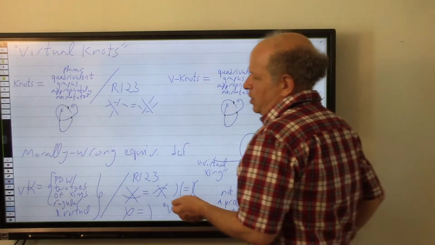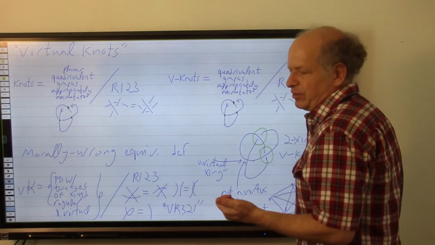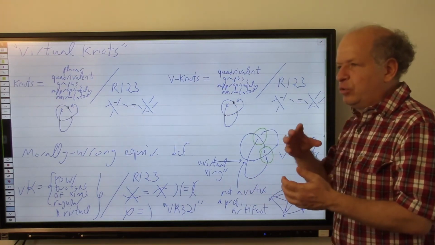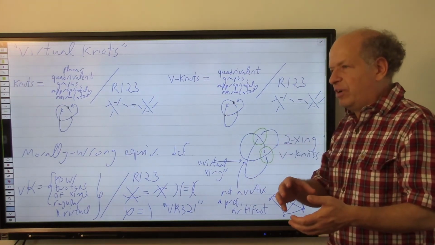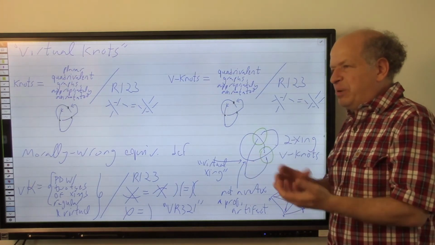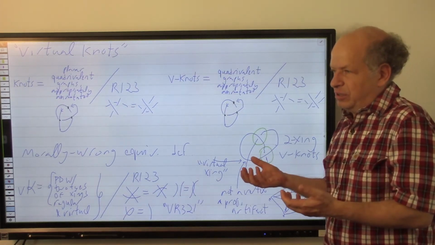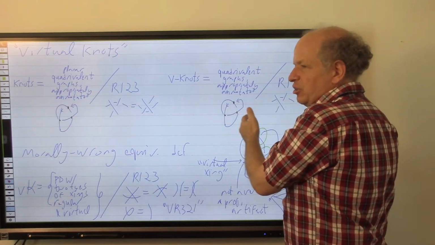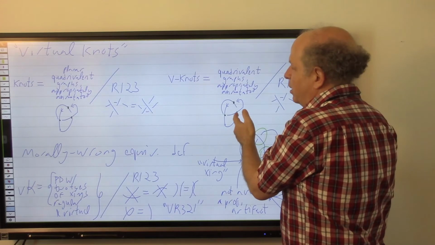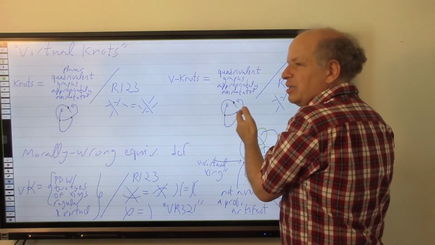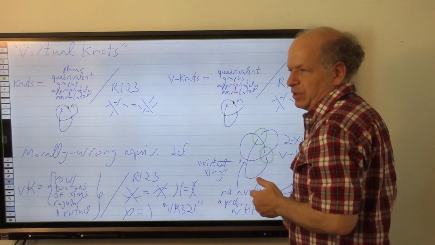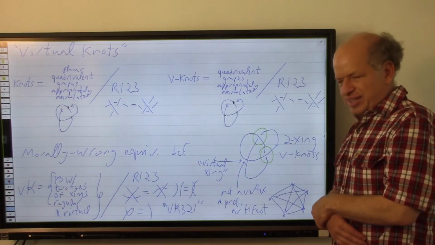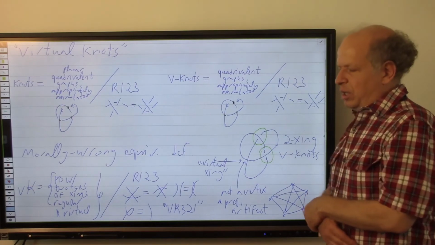If you think of the Kauffman bracket, the Kauffman bracket is defined by doing certain things to the graph, but whether the graph is planar or not is irrelevant. So the Kauffman bracket extends to virtual knots equally well. Okay, and many other invariants similarly.